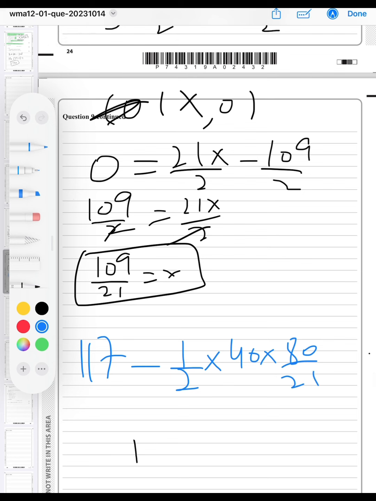Let me calculate this on the calculator. 80 upon 21 times 40. So I'm getting 857 upon 21, which means 40.8. Okay, so this is the answer, and this is now done.